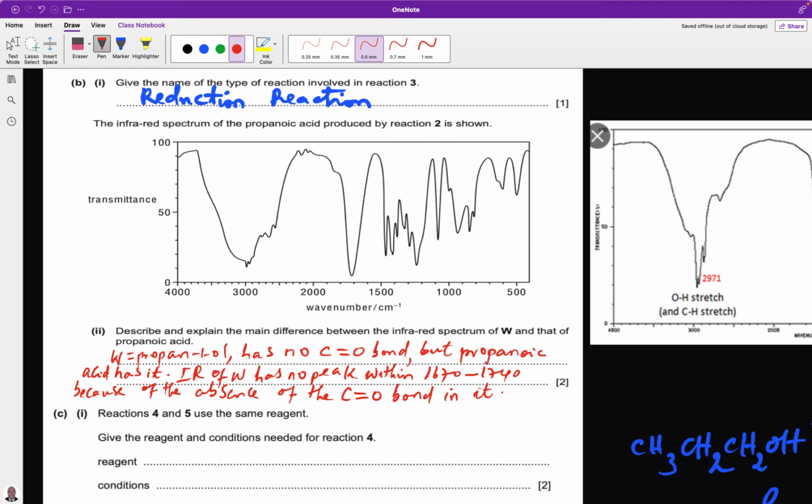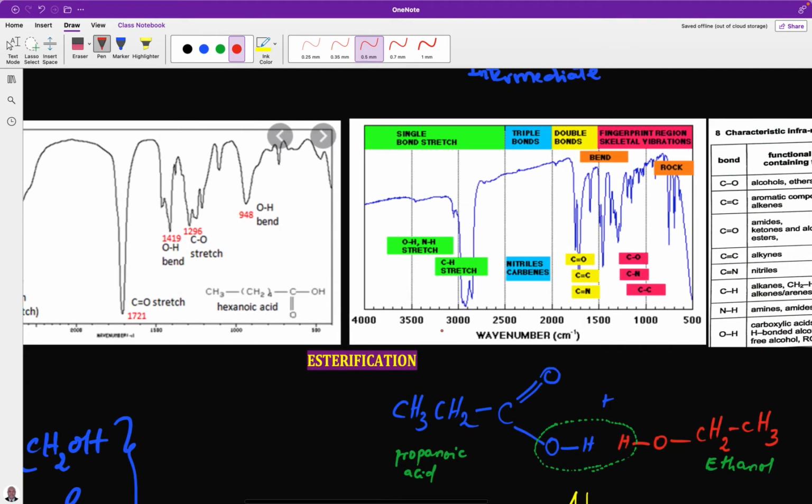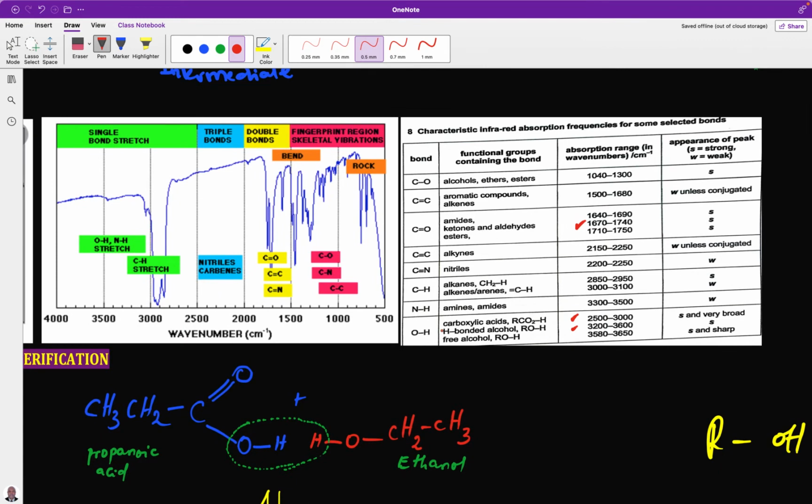Another reason you can give is this. Let's go back to our data booklet. If you don't give the one regarding the carbonyl group, you can use the OH.